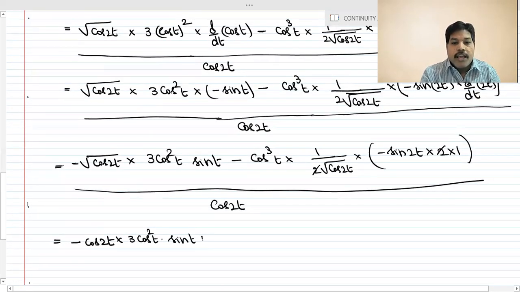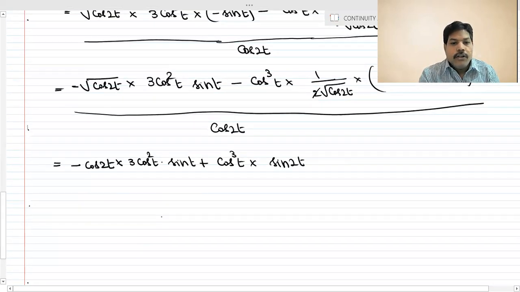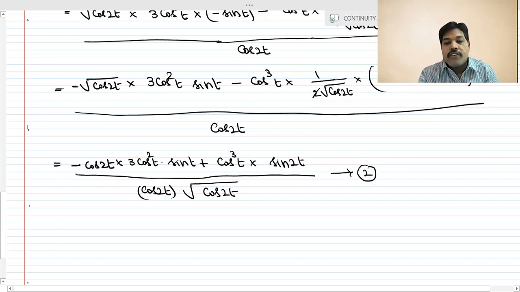It will become plus cos cube t into sin 2t, whole by cos 2t into root of cos 2t into root of cos 2t. So this is the equation number 2.